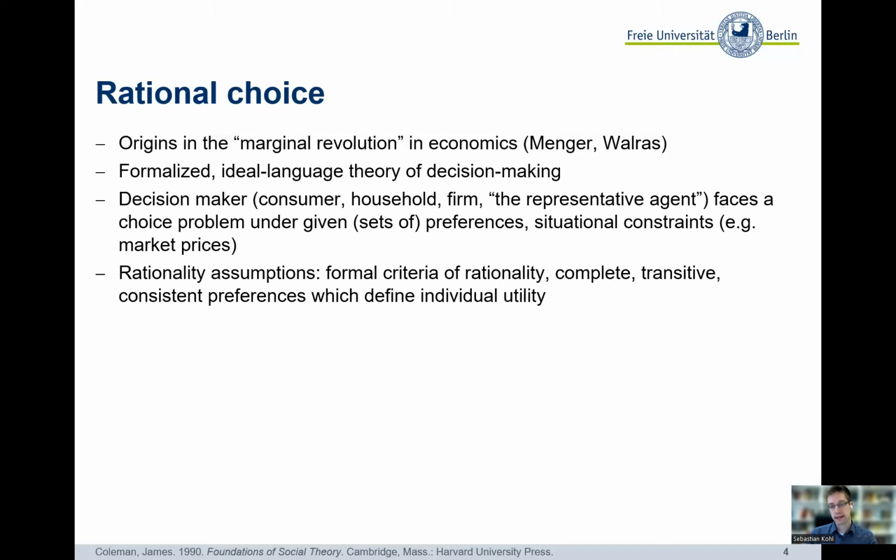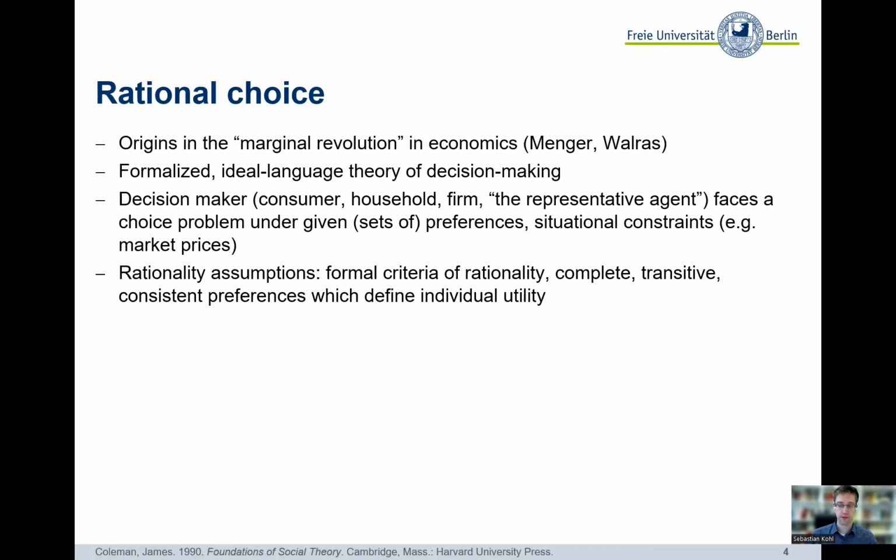Okay. Then I already mentioned, it's called rational choice theory. So what's rational about it is instrumental rationality. So the preferences which are ordered in a rational way are also subject to certain assumptions. So these are purely formal criteria of rationality. So also recall Max Weber's distinction between formal and substantive rationality.